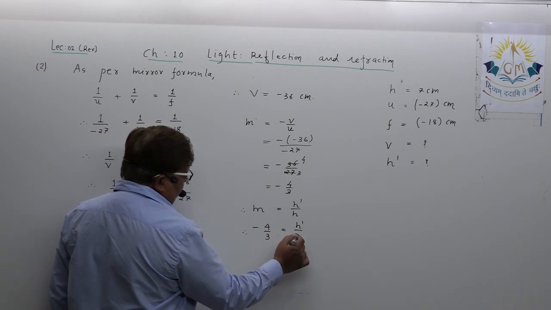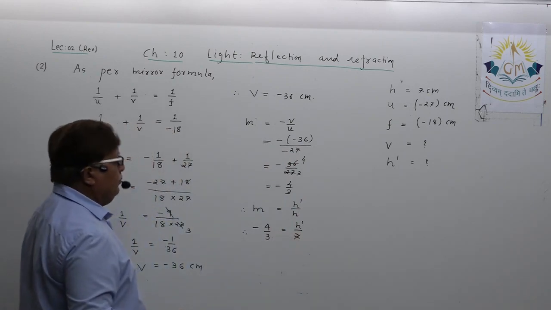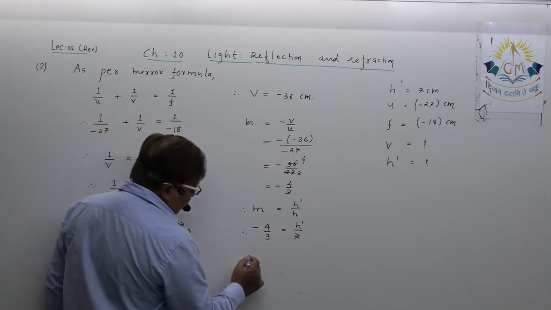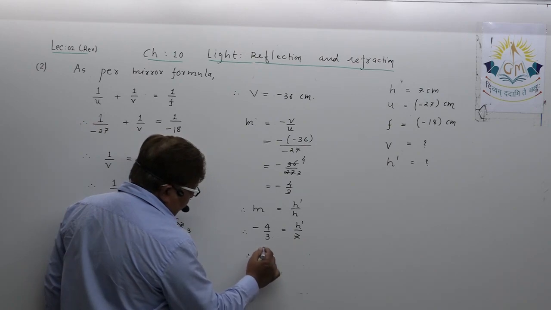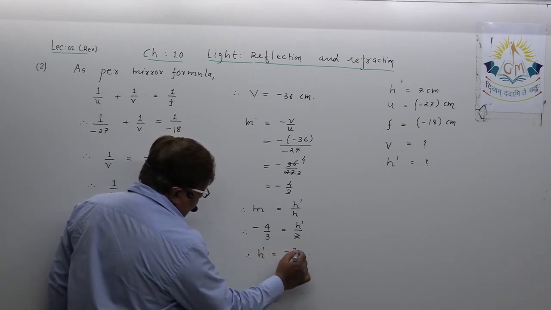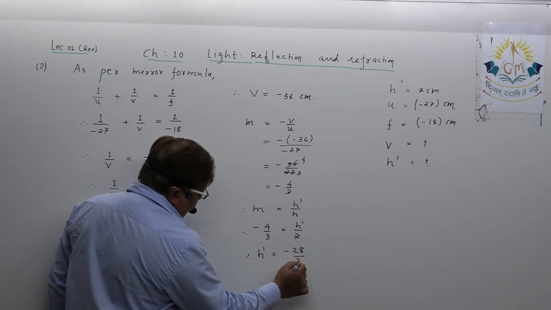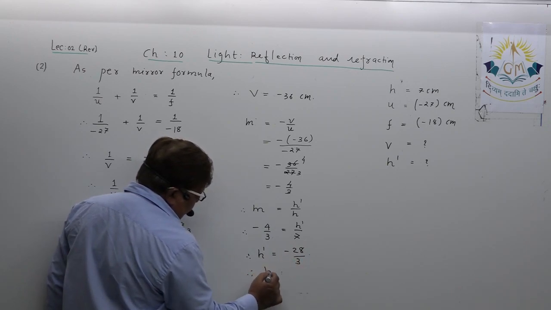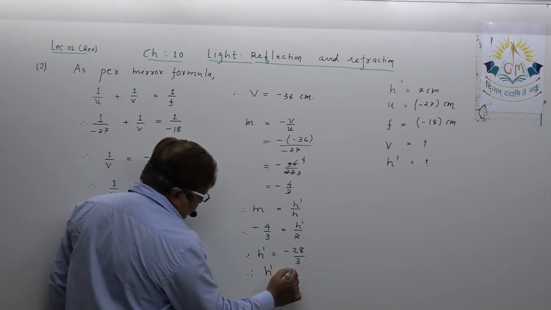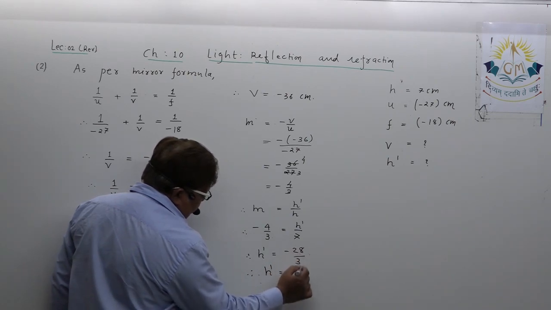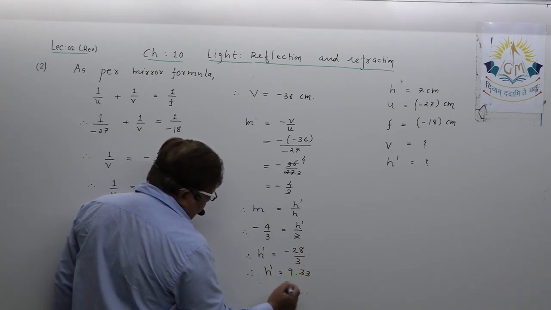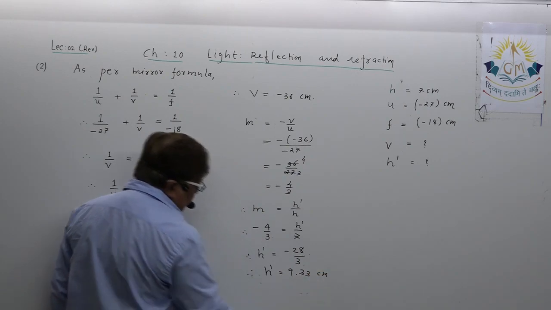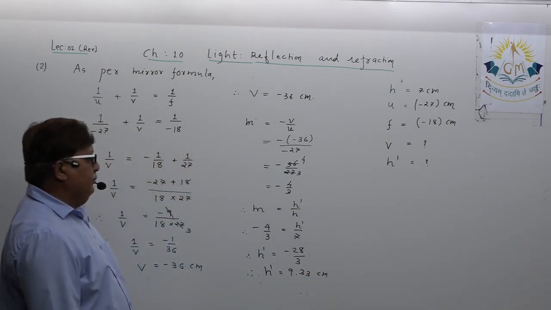h you have. Just a simple cross multiplication. Minus 28 upon 3. Just divide it. 3 9 the 27, 1 left, 3 3 the 9. 9.33 centimeter.